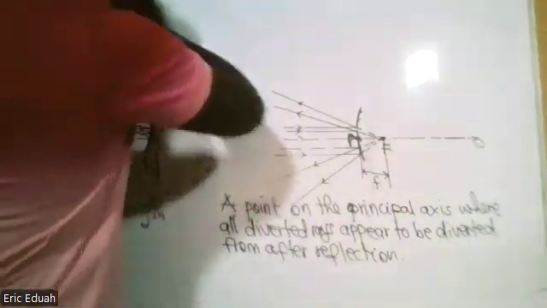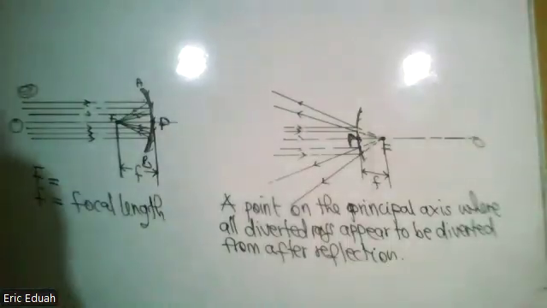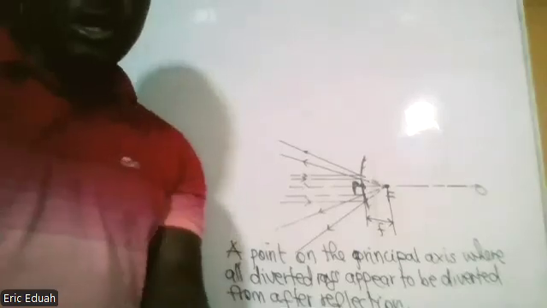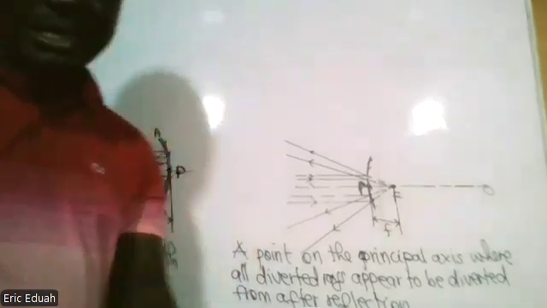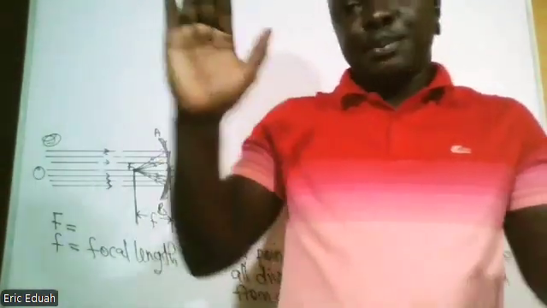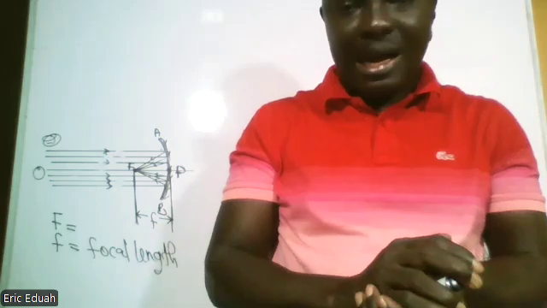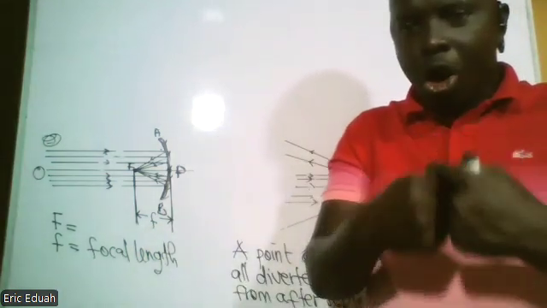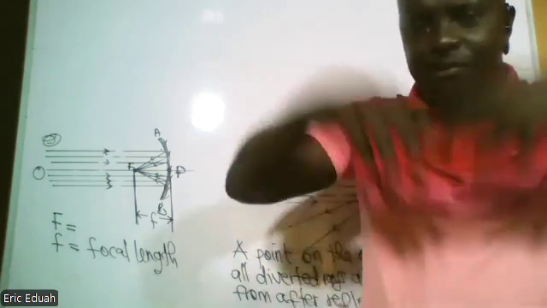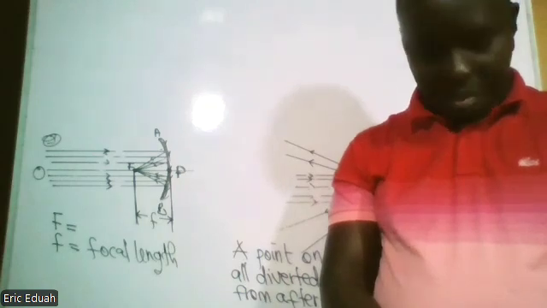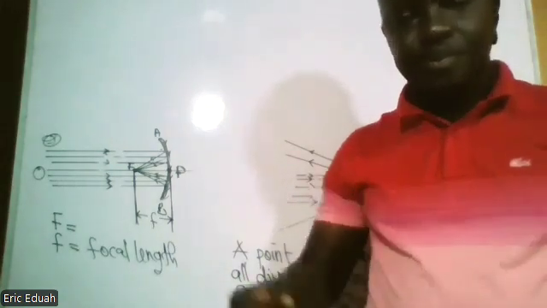Okay. So we define the principal focus of a spherical mirror as a point on the principal axis where rays that are close and parallel to the principal axis actually meet or appear to be diverted from after reflection. I take it again.